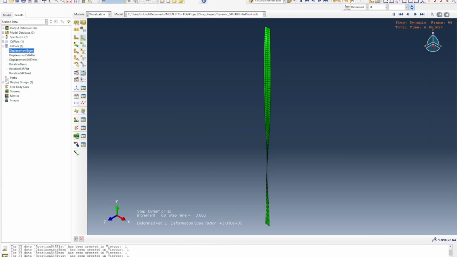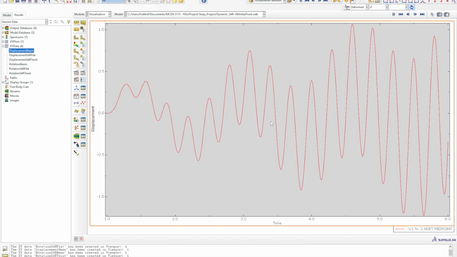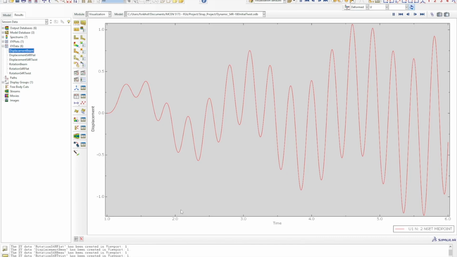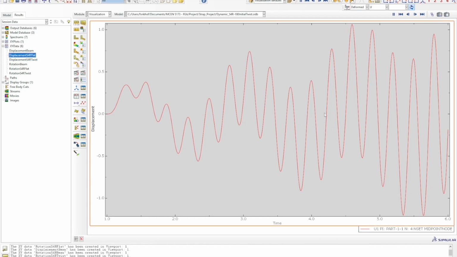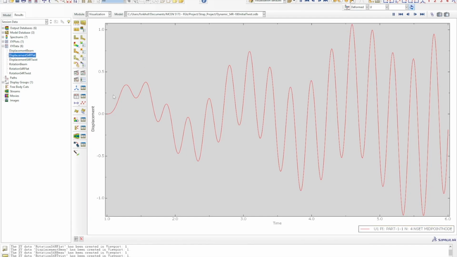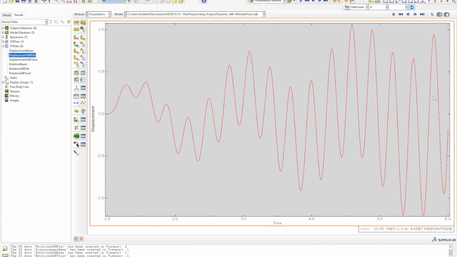Here we have a plot of displacement versus time for the beam. When we compare that to the flat version of the S4R model, we get very similar profiles. Both of these are experiencing harmonic resonance, causing that amplitude to grow.